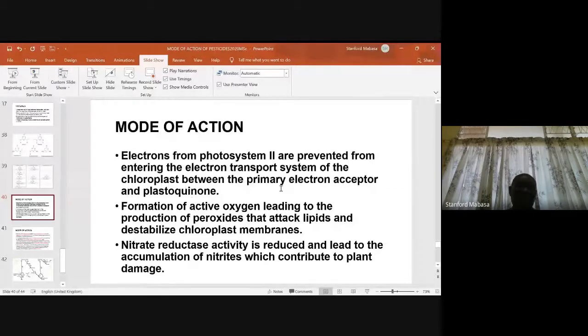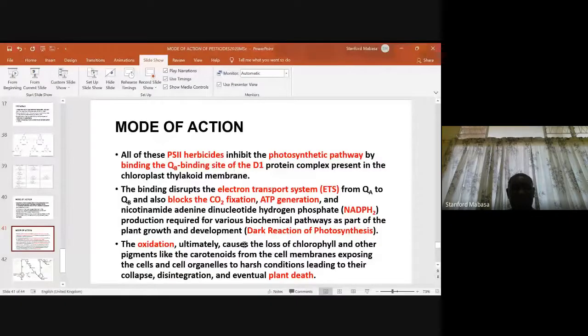Then we have a formation of peroxides, which will kill the plant. Of course, nitrate reductase activity can also be increased. So what we are saying is that the pathway of photosynthesis is actually blocked by atrazine.